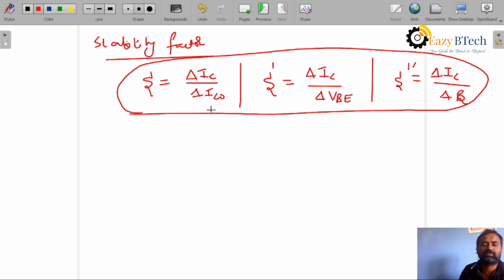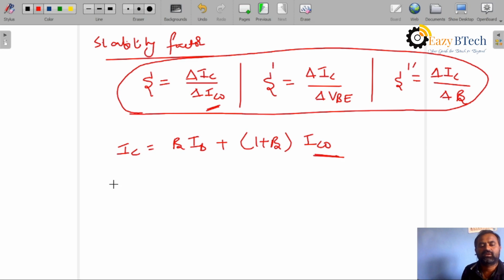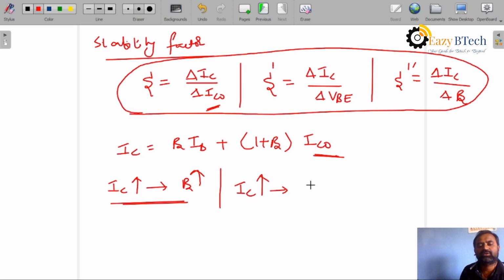From the equation IC is equal to beta IB plus (1 plus beta) IC naught, we can see IC changes with respect to beta, IB and IC naught changes.